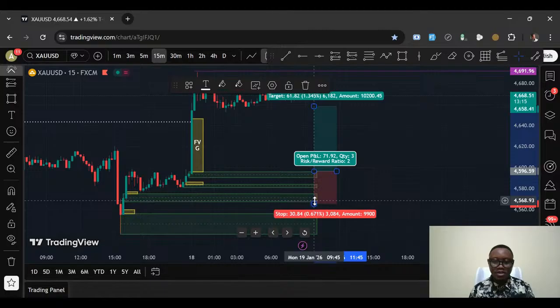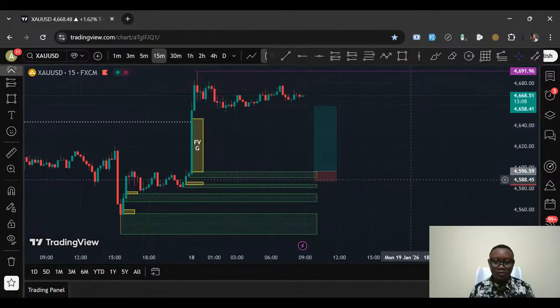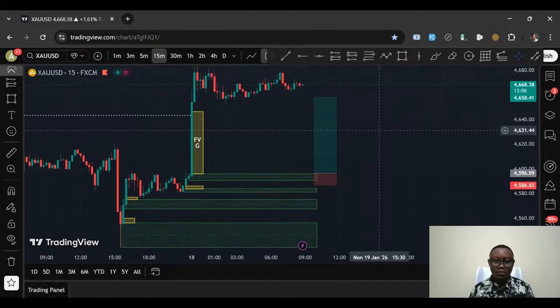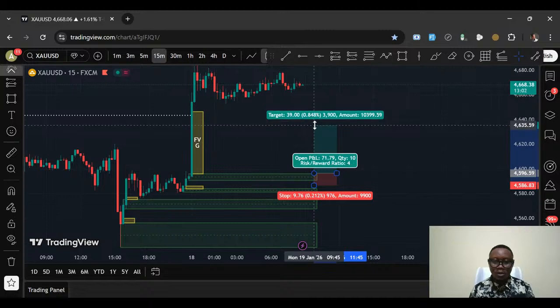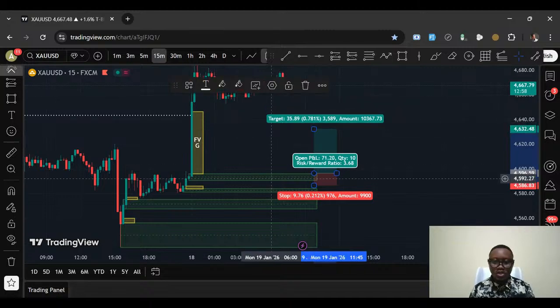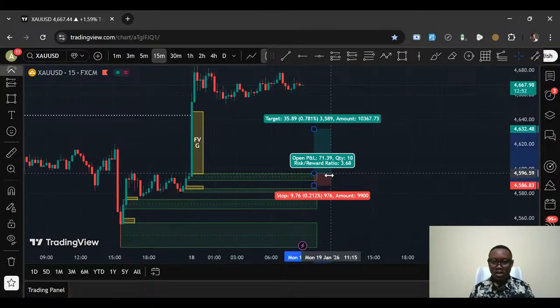Your SL should be slightly below the zone. Just target 2R for this zone, because what I see price doing here is price will use this zone as an inducement zone, right? I'll explain that briefly. Just give me a moment.